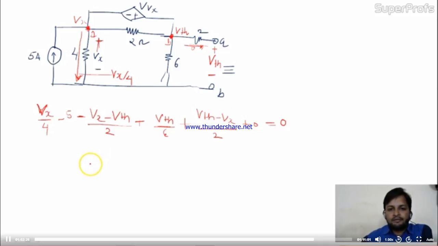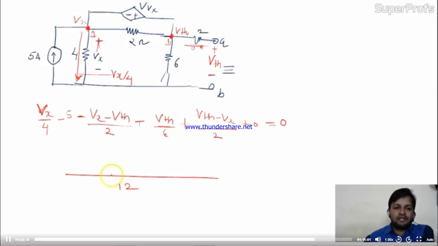Now come to VTH. Take the LCM, and that LCM will be 12. 4 3s are 3Vx minus 60. Okay, this minus sign. Vx minus Vth, this is the positive sign, right? This is the positive sign.